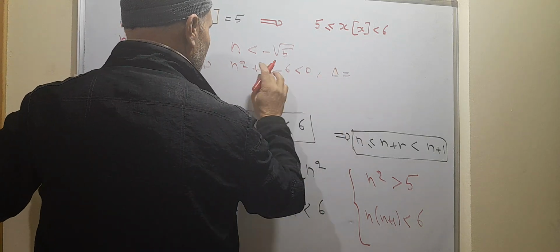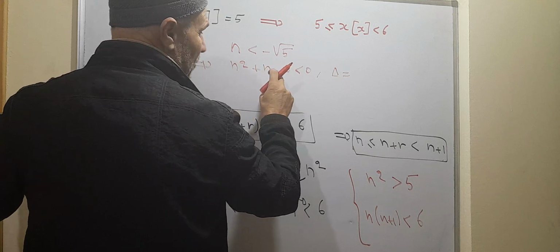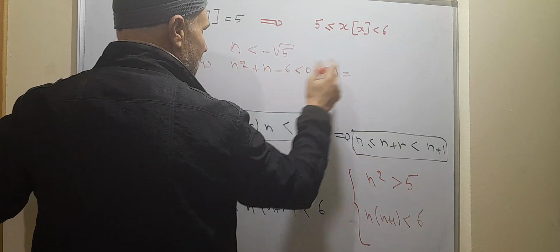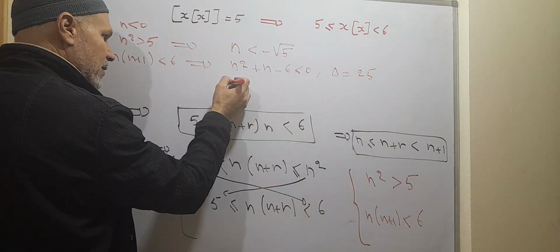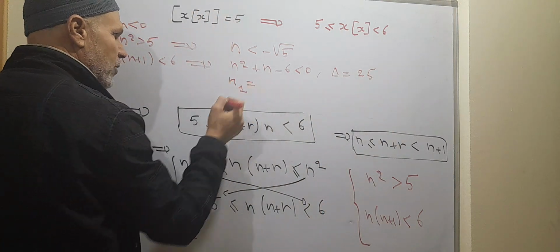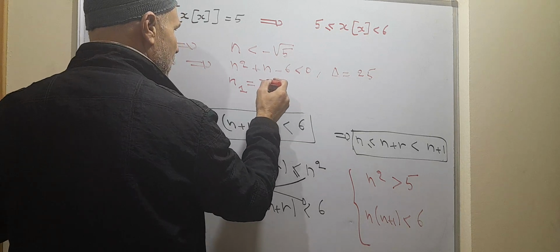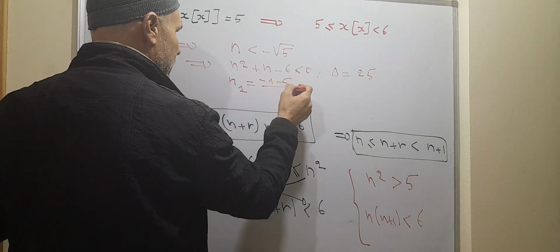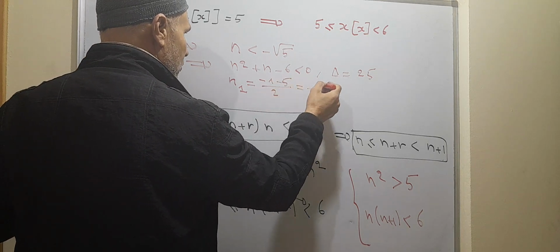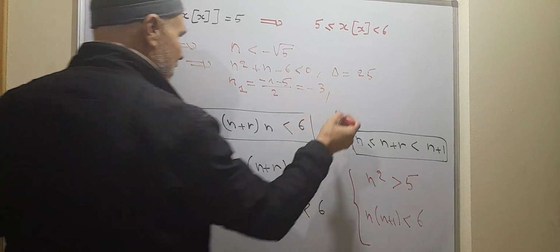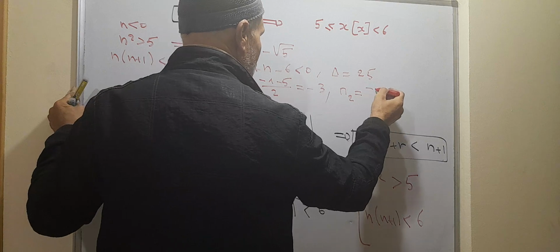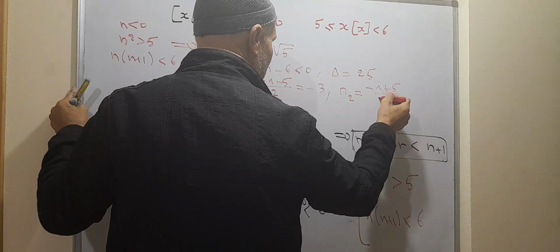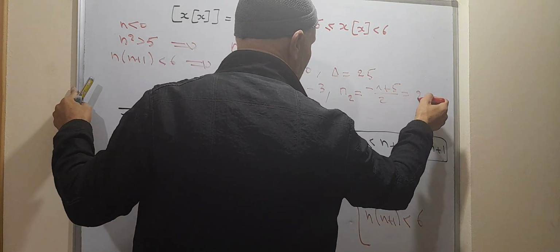Delta is equal to 1 squared minus 4 times minus 6, so 25. The first root is n1 equal to (minus 1 minus 5) over 2, which is equal to minus 3, and the second one is n2, which is equal to (minus 1 plus 5) over 2, which is equal to 2.